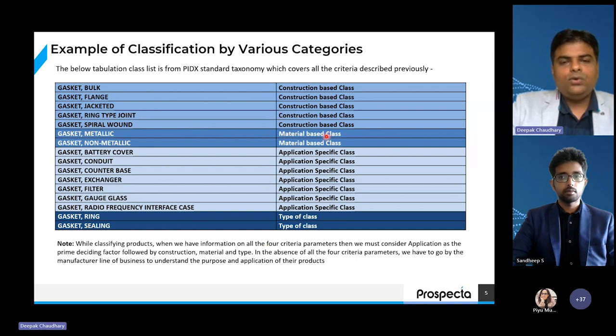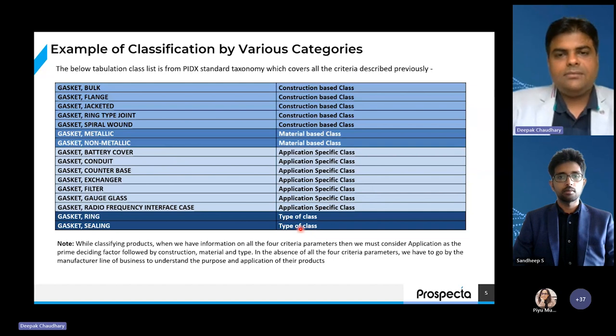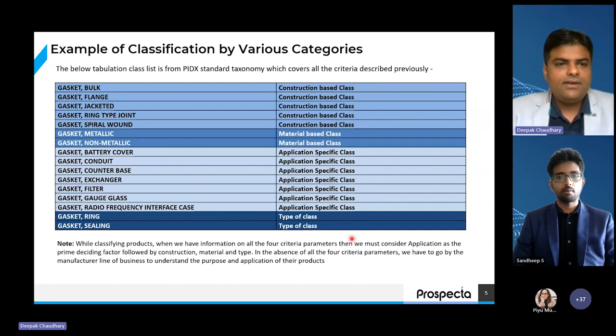Now, let's say you have all of this information in the data, right? So you will ask the question: which one do I need to prioritize? So typically, the best practice that we recommend, or that the industry recommends, is that you classify the data based on the application if you have that information available in your data.